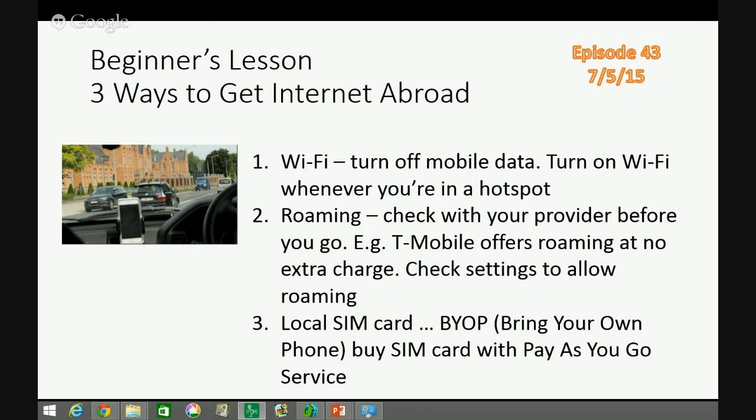So for example, Jim actually had 2 phones with him that allowed roaming at no extra charge. And one of those phones is brand new, and it's still experimental. This is the Google Project Fi phone, and it uses both Sprint and T-Mobile and Wi-Fi.